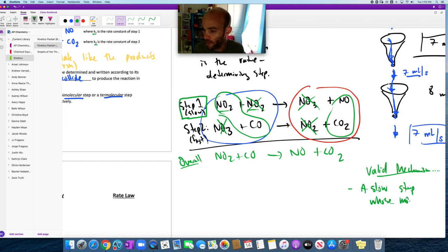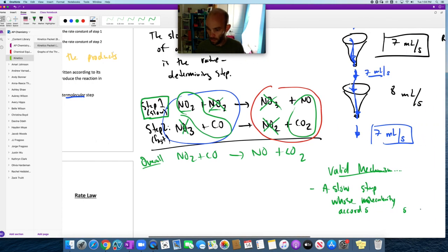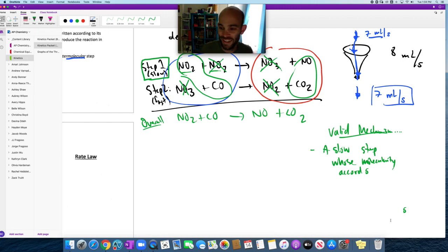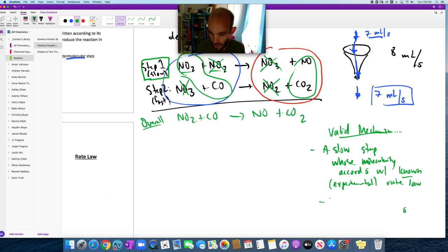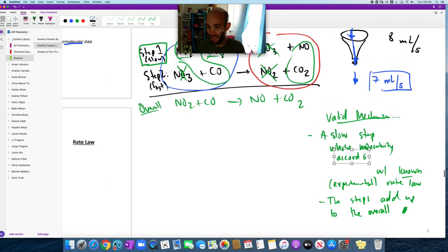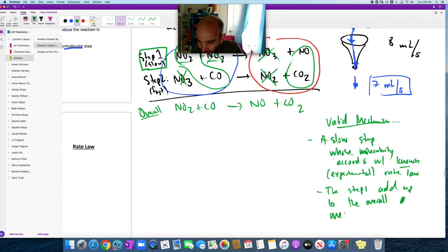whose molecularity accords, that means it's in agreement with, the known rate law that's experimentally determined, and the steps add up to the overall mechanism.